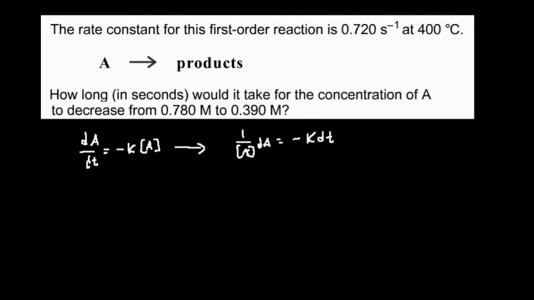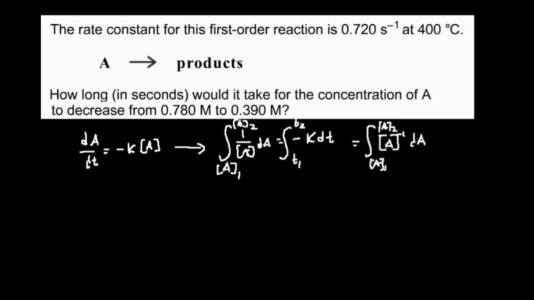This right here is a separable differential equation, so I'm going to integrate both sides. Here from t1, my initial time, to t2, and this one from concentration of A1 to concentration of A2, my final concentration. Now again, just like in the other video, I don't like dealing with power rule integrals like this. I'm going to rearrange this to A to the minus first dA from A1 to A2.